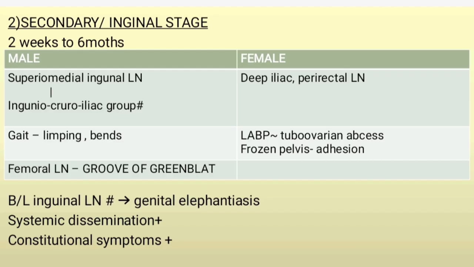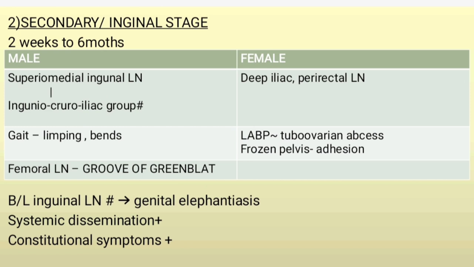Secondary inguinal stage occurs 2 weeks to 6 months after infection. In males, it will start from the superior medial group of inguinal lymph nodes, which then spreads to involve the entire inguinofemoral and iliac lymph nodes, and the patient will have such severe pain that he would limp and often bend to relieve his pain. Femoral lymph nodes, if involved, will be separated from inguinal lymph nodes by Poupart's ligament. The sign is known as the groove sign of Greenblatt.